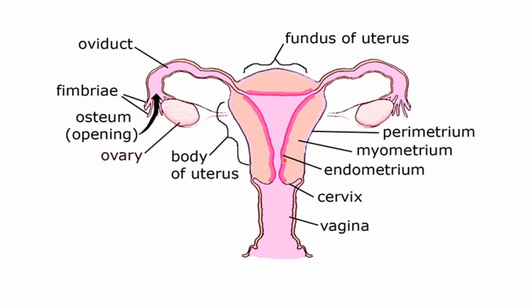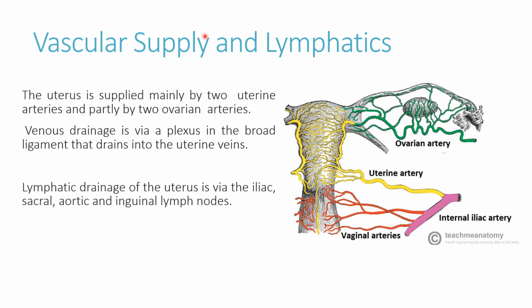These are the layers of uterine wall. Inner mucosal layer, that is endometrium, middle muscle layer, that is myometrium, and the outermost peritoneal membrane, that is perimetrium. Coming to the vascular supply and lymphatics, the uterus is supplied by uterine artery and ovarian artery.